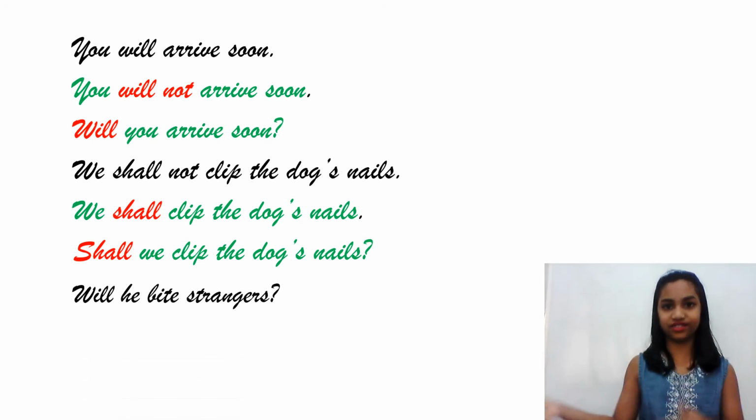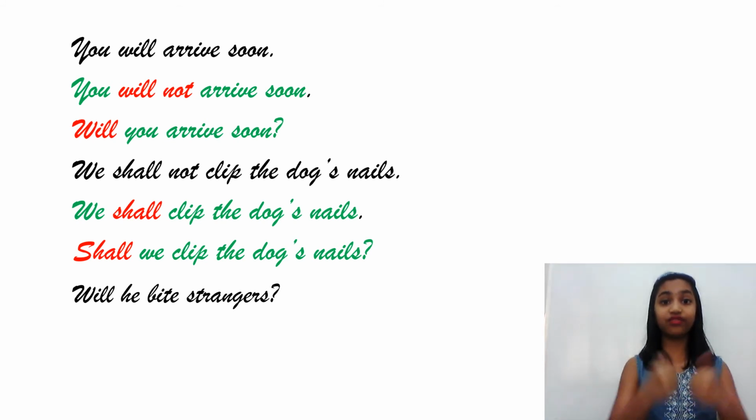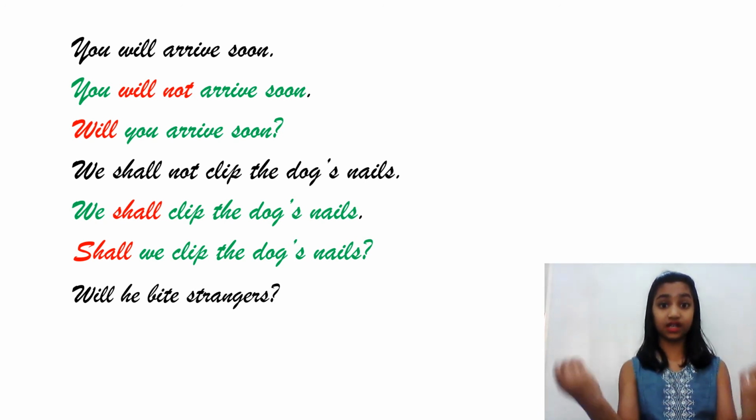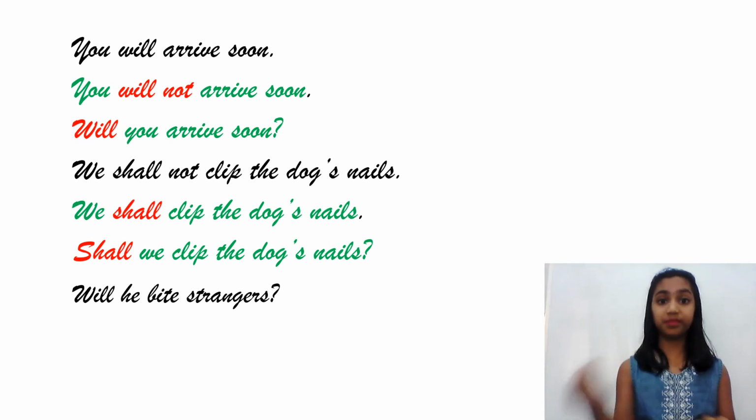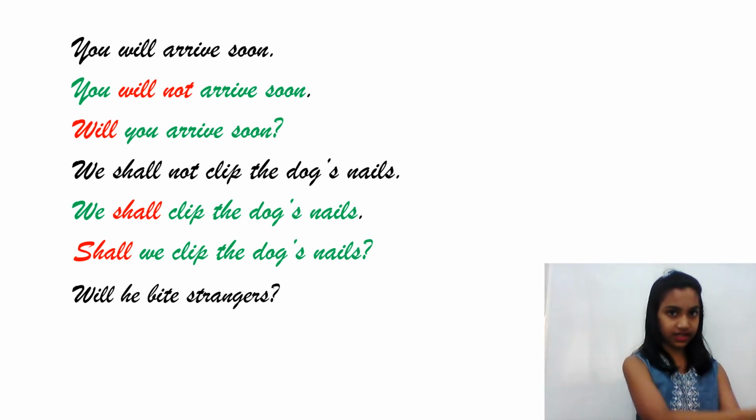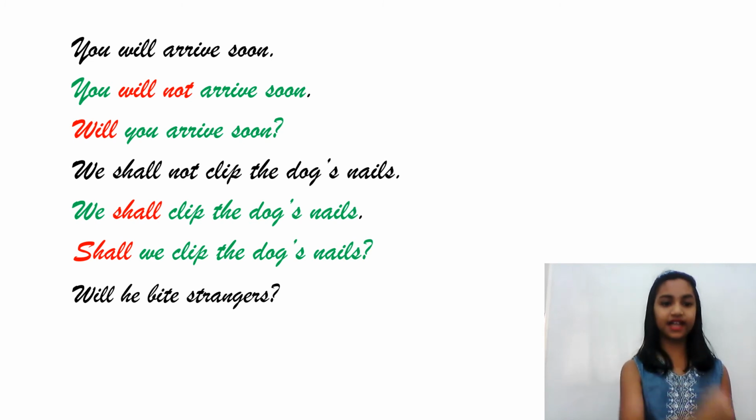Will he bite strangers? What format is it in? Yes, it's in a question format. That's because will, the word representing the simple future tense, is at the first place and the subject, he, goes in the second.